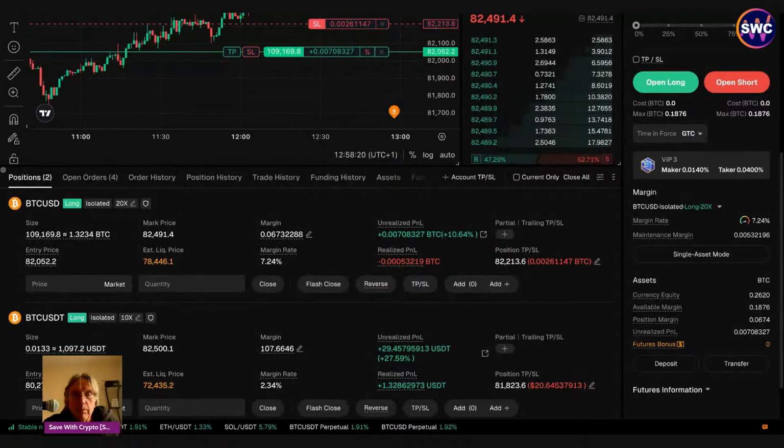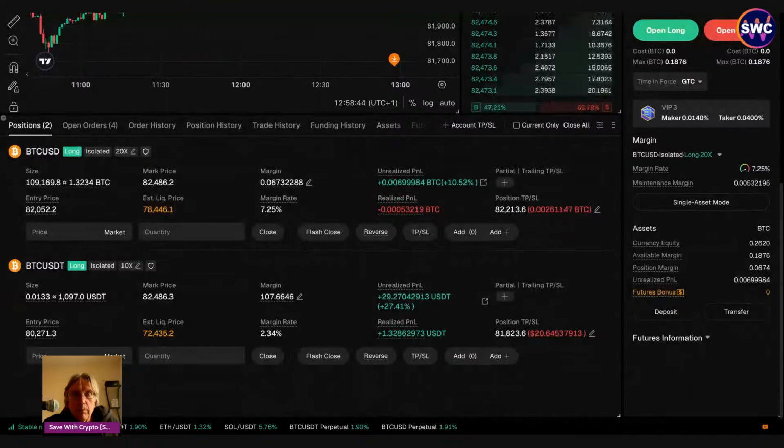I can't see because my camera's frozen, but it says 0.0014 BTC equals $100. So that's about $400, isn't it? So yeah, not brilliant, but not bad. Not bad for a Wednesday morning, anyway.